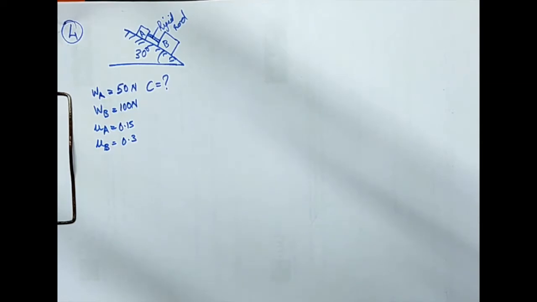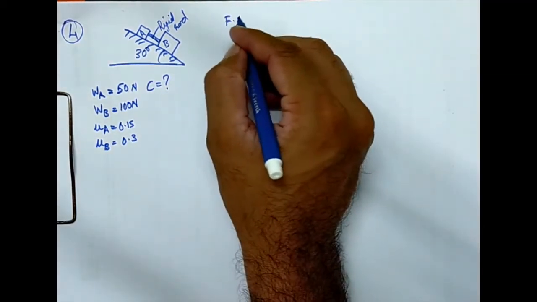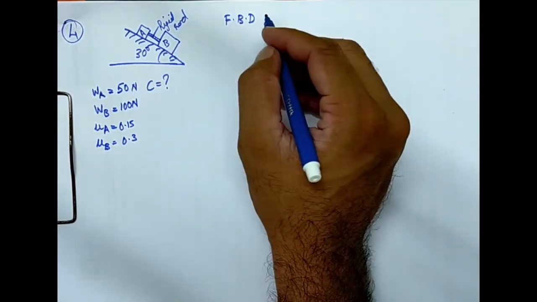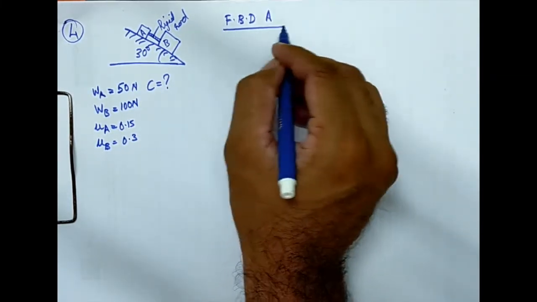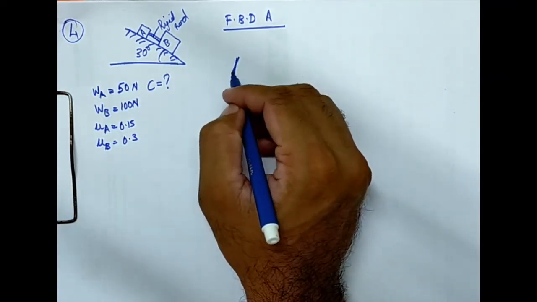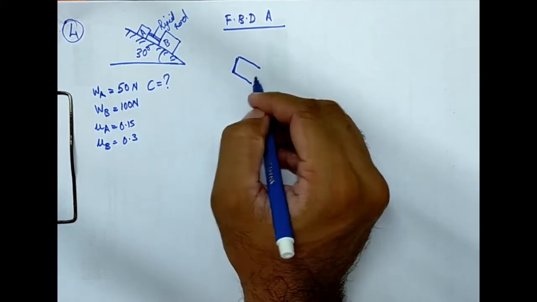So let's solve this one. Here also we are going to use the perfect tool, which is the free body diagram. So I'm starting with the free body diagram of A. Anything is fine. So I have a block on a slope surface.